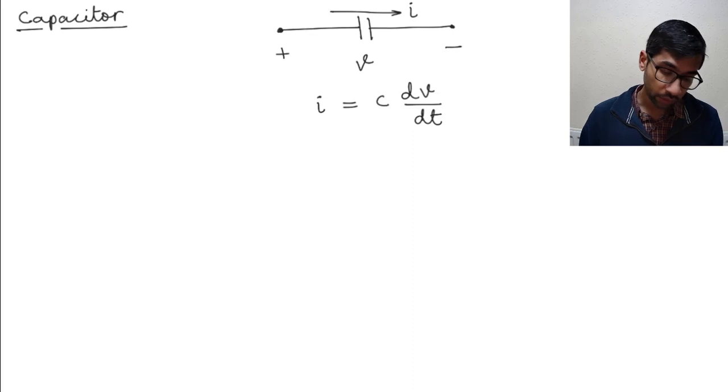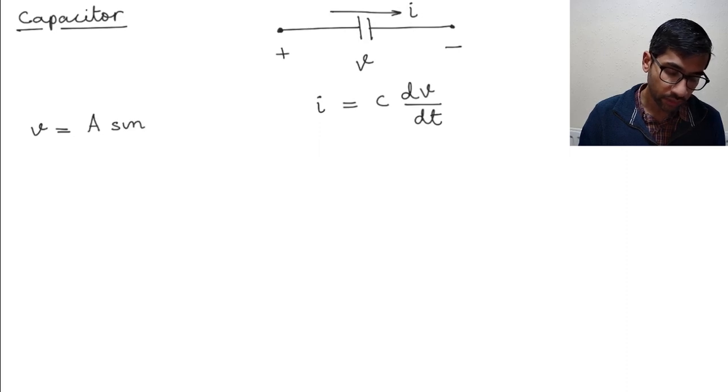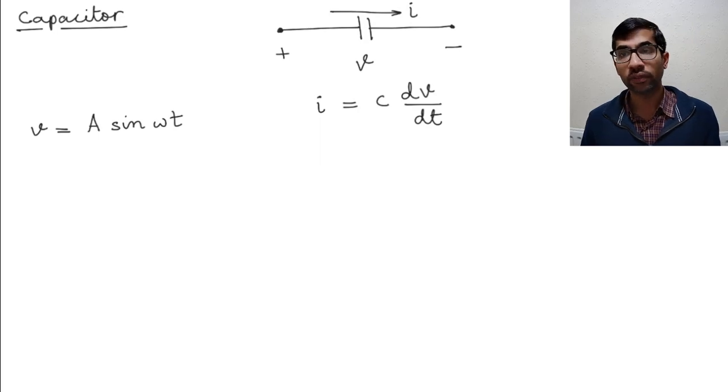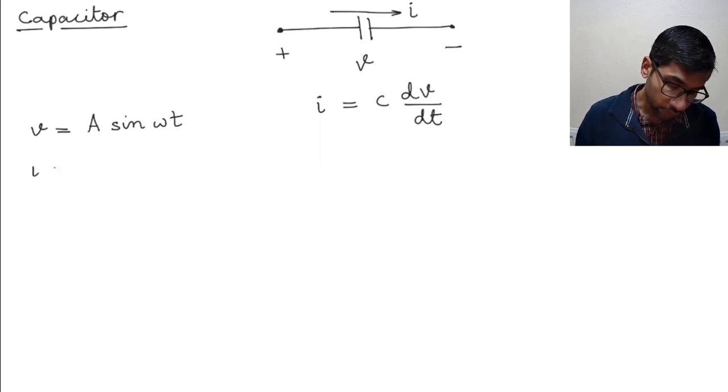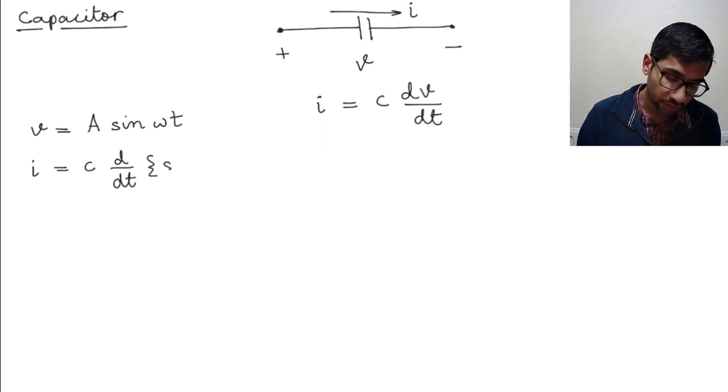And I want to take a look at the output of the capacitor for a voltage which is given by, let's say, A sine omega t. What will be the current in response to this voltage? Okay, the current is going to become what? It's going to be C and then the differential of the voltage, and the voltage is given by sine omega t.